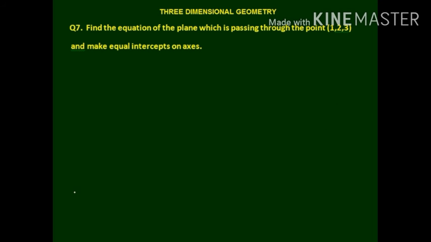See question number 7 now. Find the equation of the plane which is passing through the point 1, 2, 3 and makes equal intercepts on the axes. Okay?